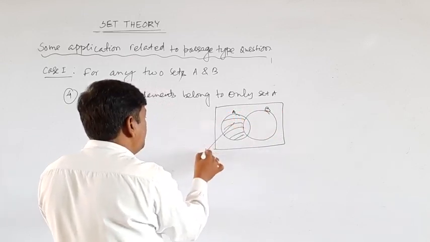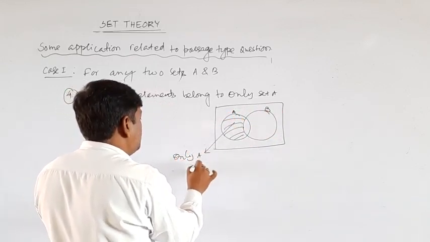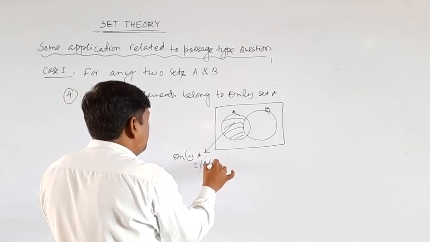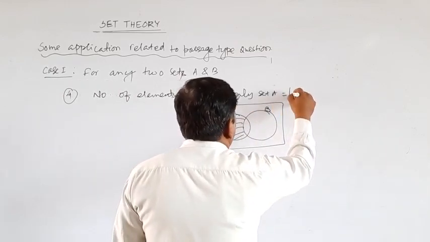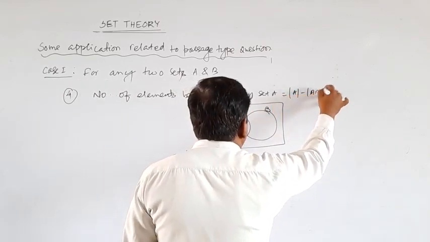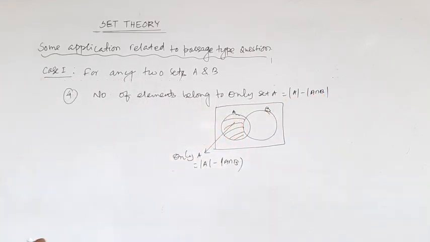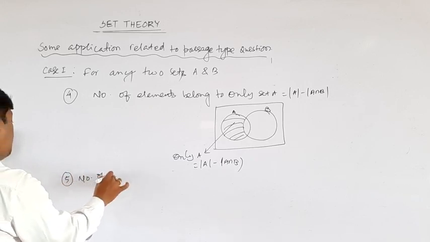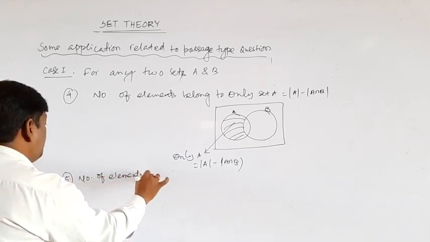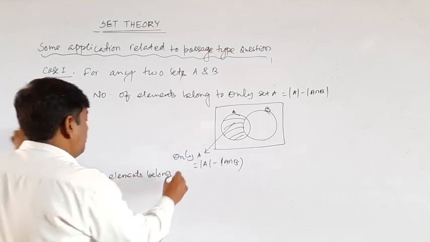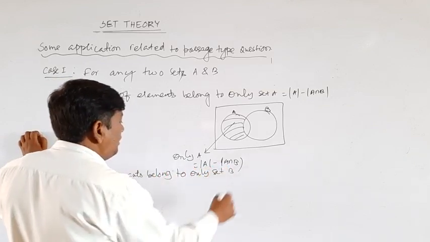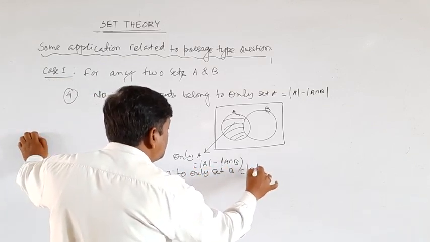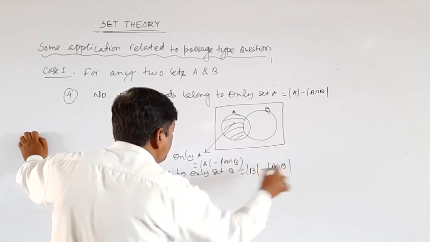So only A is cardinality of A minus cardinality of A intersection B. Number of elements belonging to only set B is equal to cardinality of B minus cardinality of A intersection B.